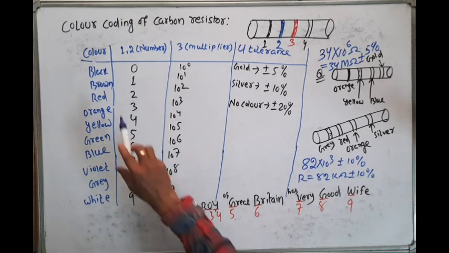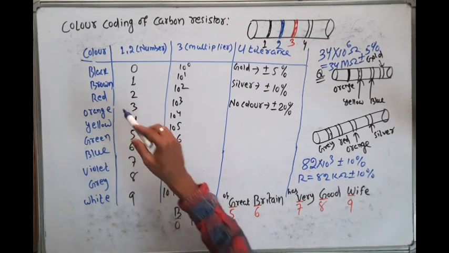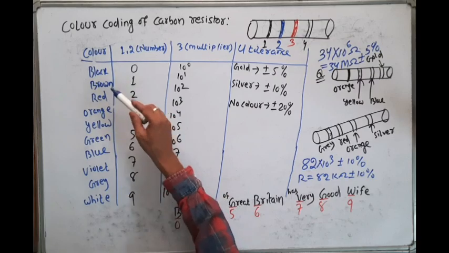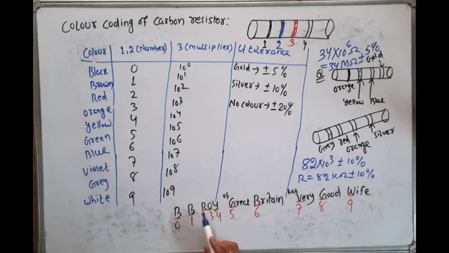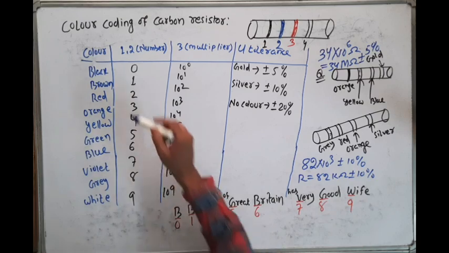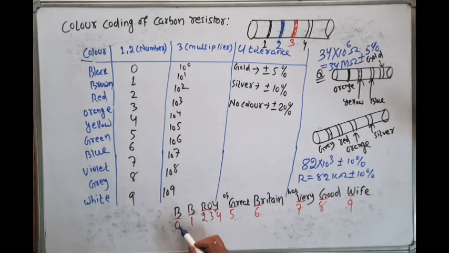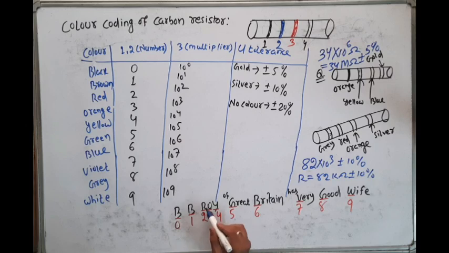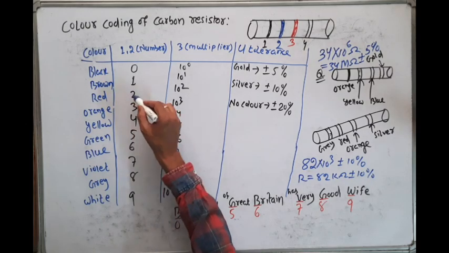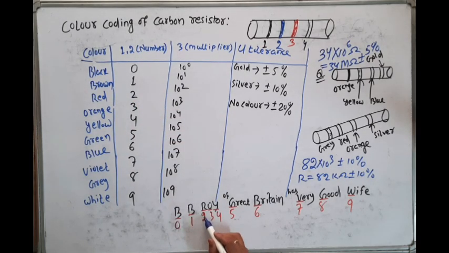Okay, how will you remember? I have taken a formula which is commonly known to everybody: B.B. Roy of Great Britain has very good wife. First B is black, that is 0. The second B stands for brown, and brown is 1. Roy, R stands for red, and red is 2.